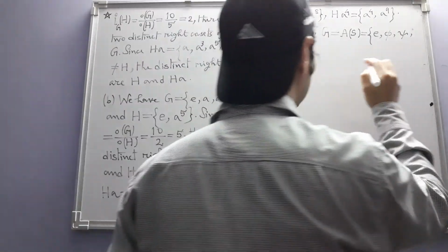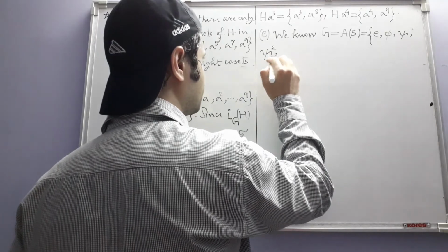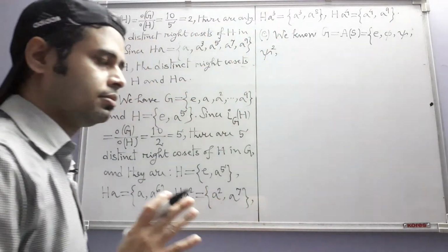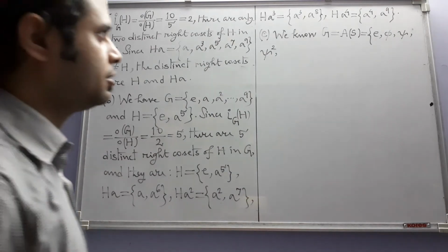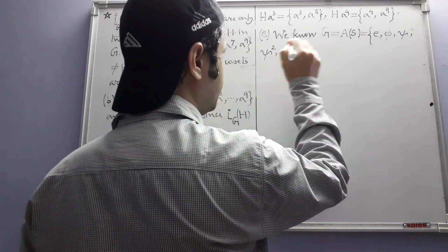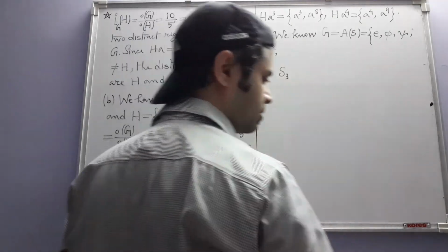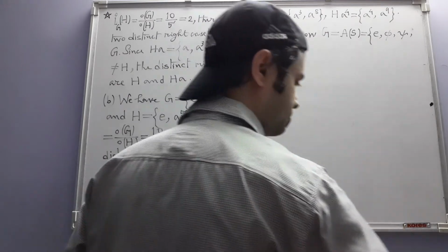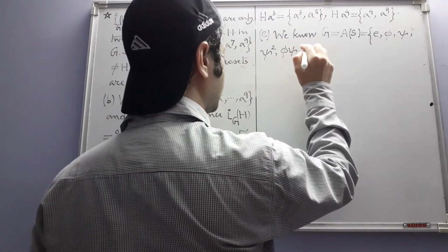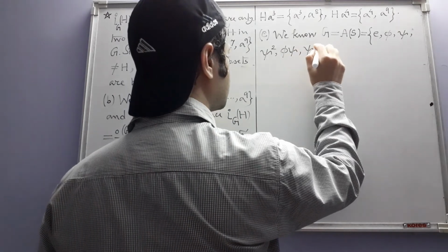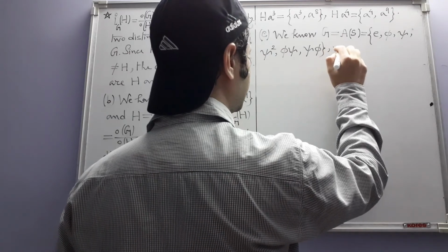Recall these things from the examples of groups that we discussed after the definition of a group. At one point we considered this example S3. There we saw these elements phi, psi, and psi phi.